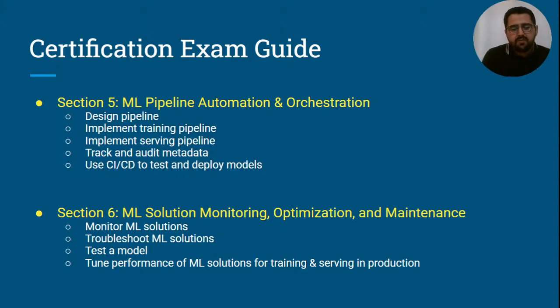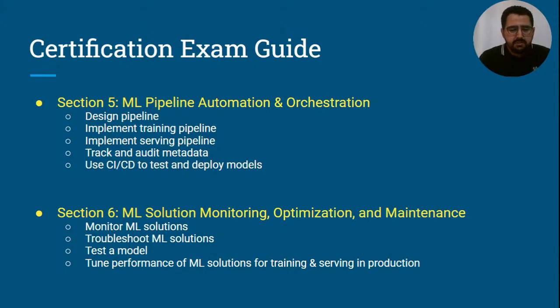Make sure you have continuous delivery and continuous integration, and an automatic way to deploy models and to roll back, for example, to another version. So you need to know how to track and audit your pipeline. It's almost software engineering with new components related to machine learning.